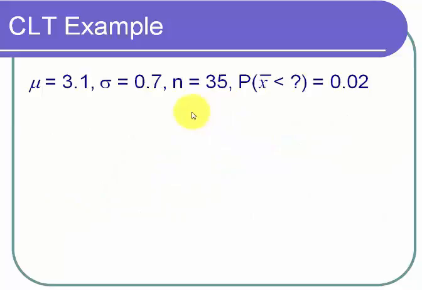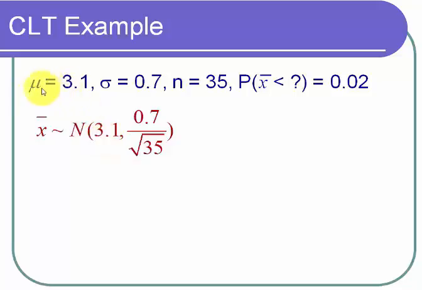So in particular, we can say that x bar is, in fact, approximately normal. The mean will be 3.1 because that was the mean of the population. And the standard deviation will be 0.7 divided by the square root of 35.